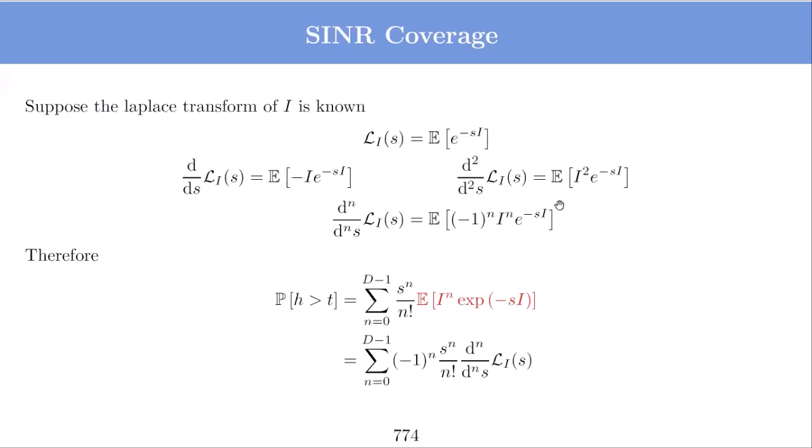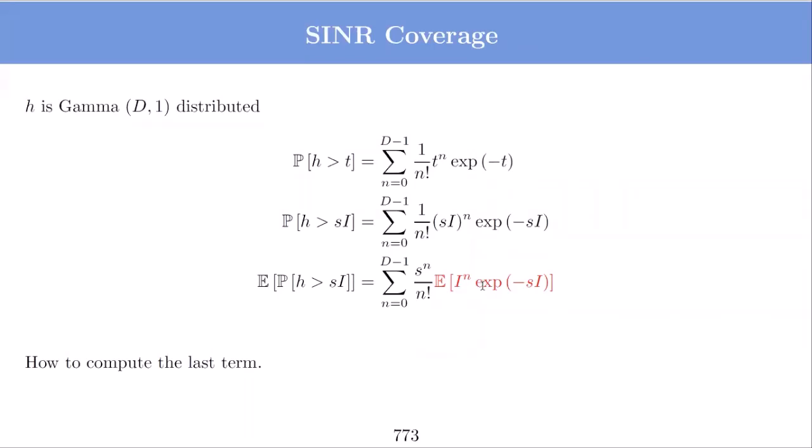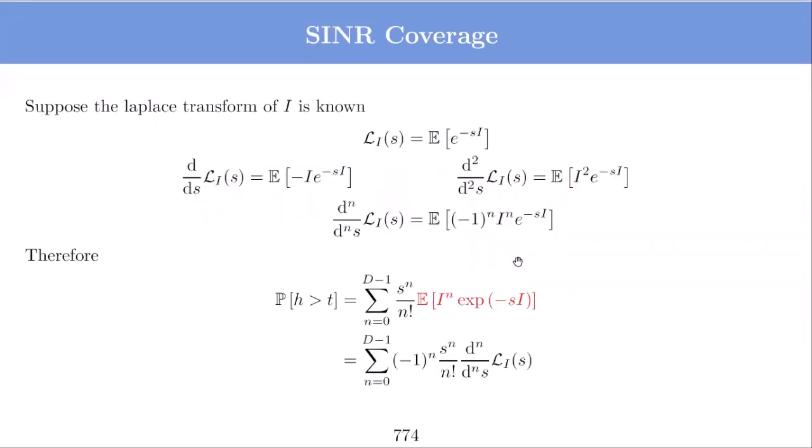Similarly, if you differentiate twice, you get I squared times e to the minus sI. So if you do n-time differentiation, what you get is minus 1 to the power n, I to the n, e to the minus sI. This is what we want to compute. So the key is we need to differentiate the Laplace transform n times to get this.